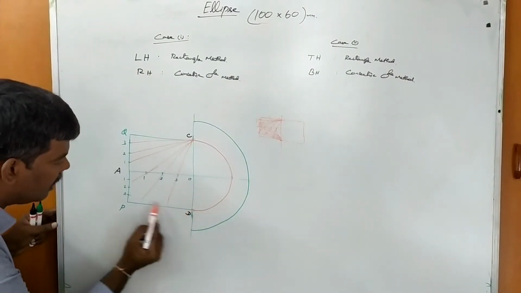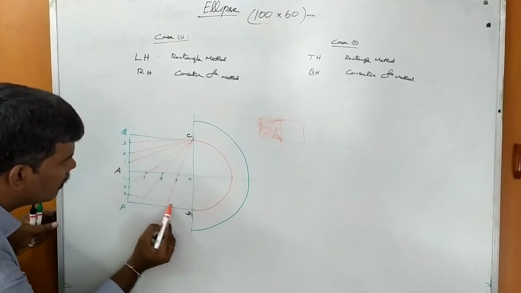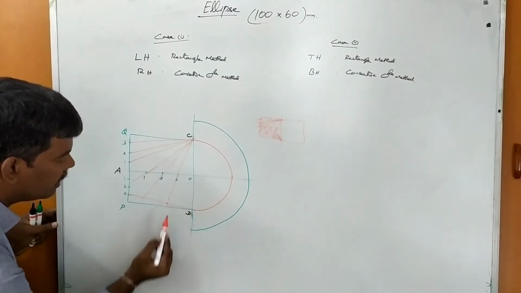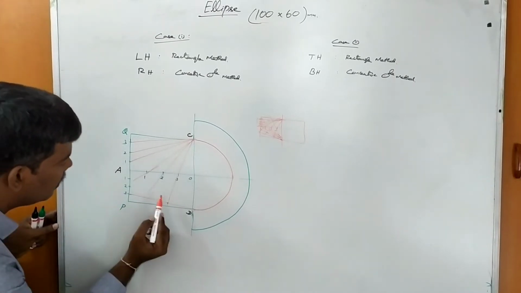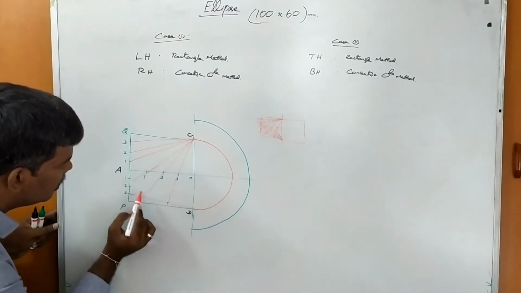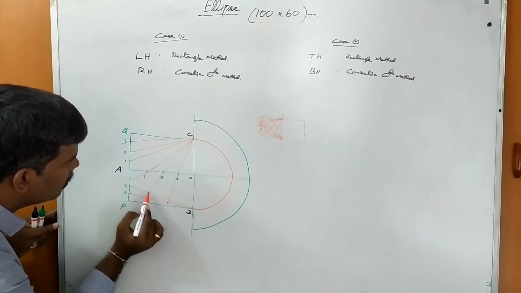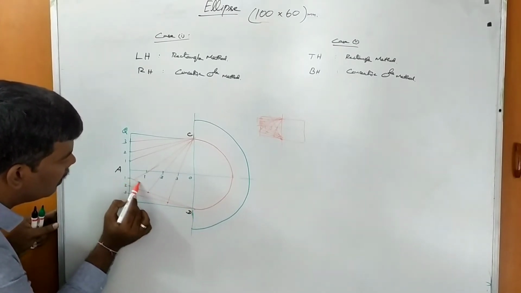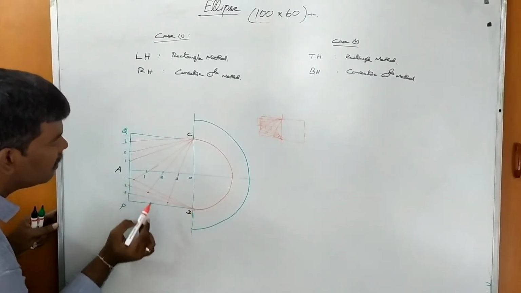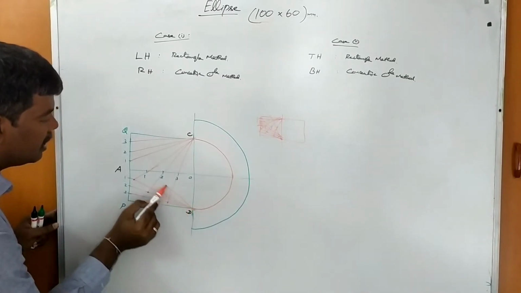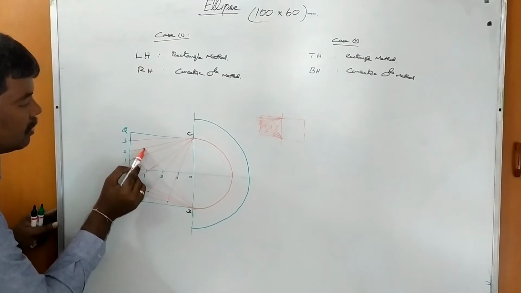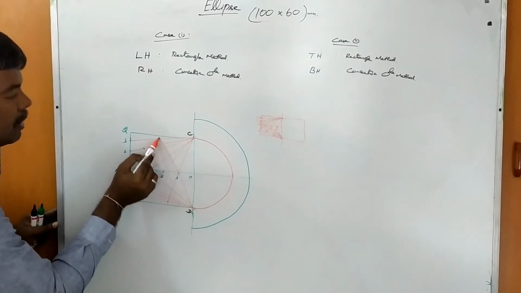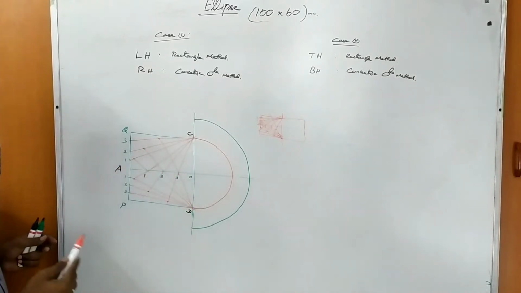Next thing, from the opposite side, D3 where it is intersecting under C3. Clear? That one. Next thing, D2 versus C2 intersecting here like this, D1, C1. Next this D1, C1, D2, C2, D3, C3. Clear?